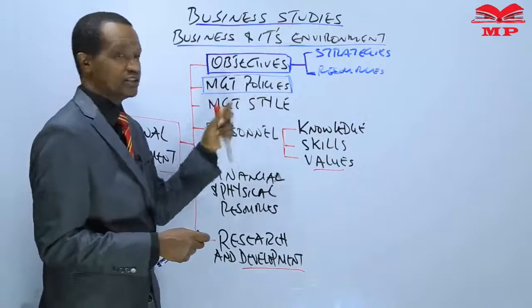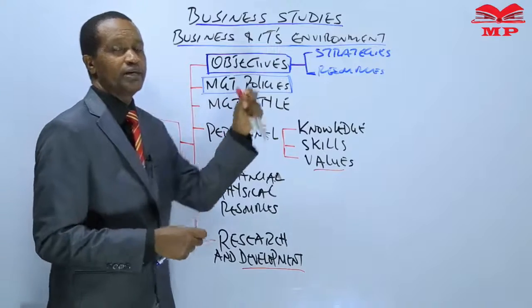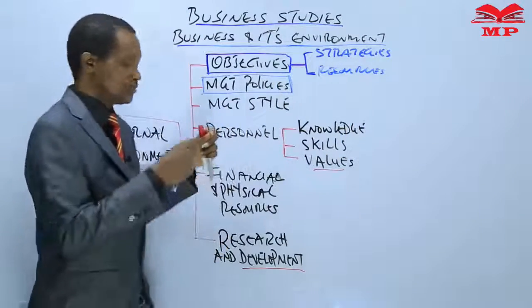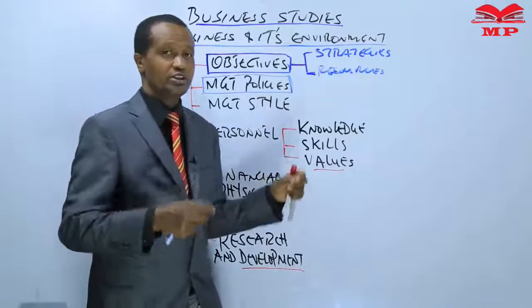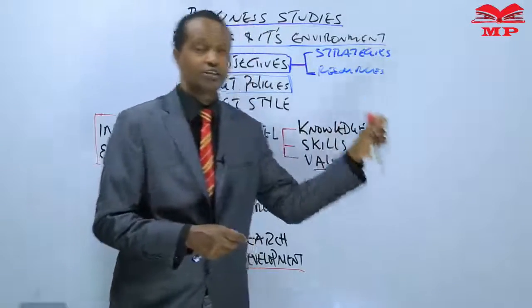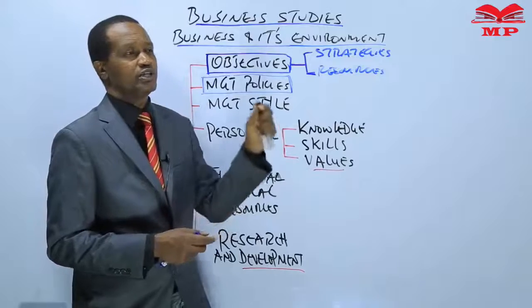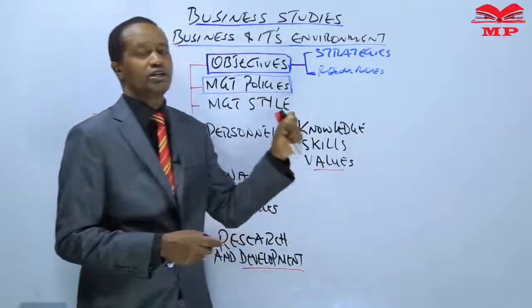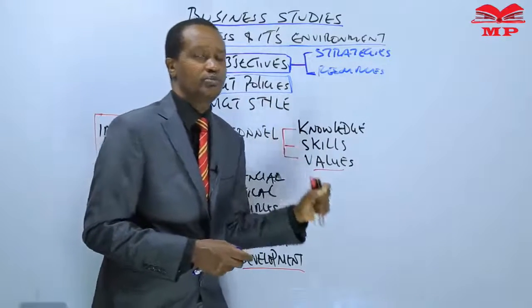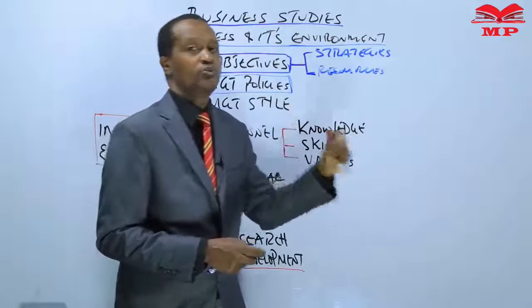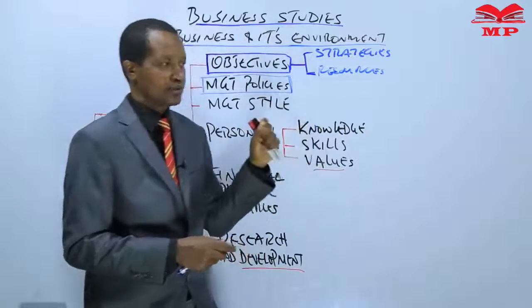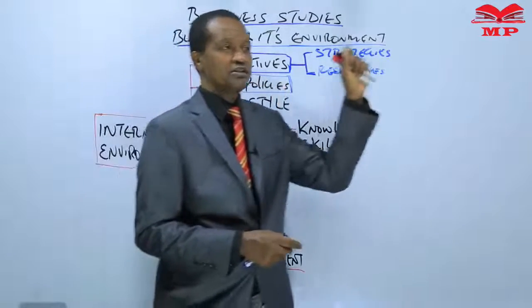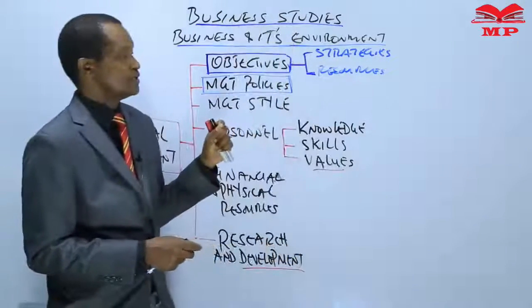There could be policies in relation to suppliers. Company can come up with a guideline on how the company or the business is going to deal with the suppliers. For example, there could be a policy that suppliers should be paid after 2 months. Okay, that is a policy that the suppliers will be paid after 2 months.